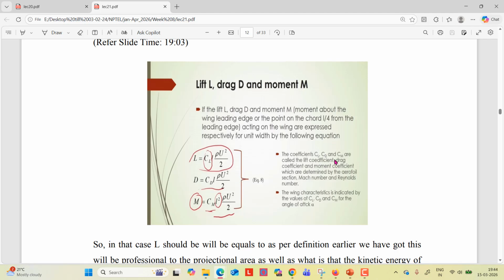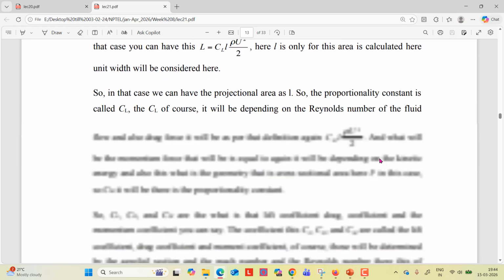The coefficients CL, CD and CM are called the lift coefficient, drag coefficient and moment coefficient, which are determined by the aerofoil section, Mach number and Reynolds number. The wing characteristic is indicated by the values of CL, CD and CM for the angle of attack alpha.